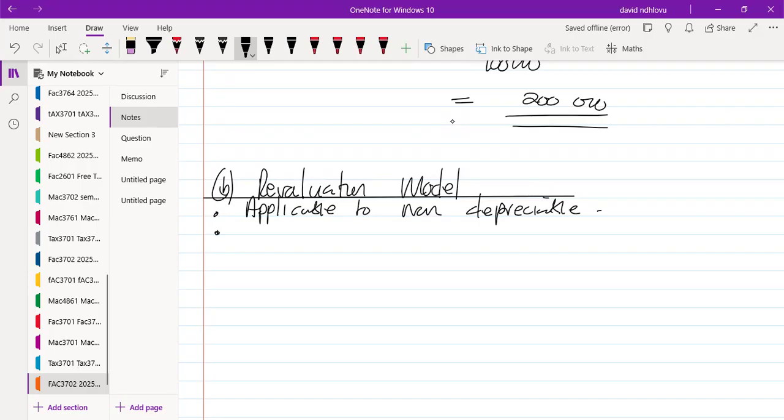And with this method, we are saying the value or measurement of the asset is determined by the revaluation amount.